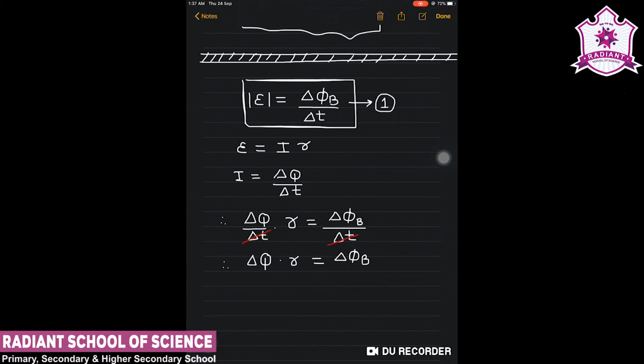So if we make delta Q the subject, that is the charge passing through the given cross section of the rod, that will be equal to delta phi B over R.